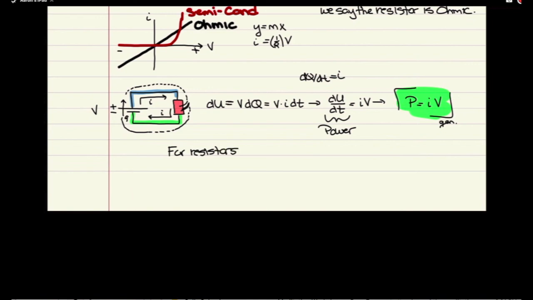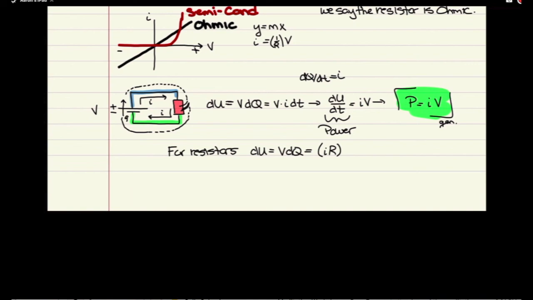For resistors, we can take this a step further. dU equals V dq again. But we have not only an expression for dq, but we also have an expression for V in terms of a resistor. When it's a resistor, we know the voltage is just the current times the resistance.